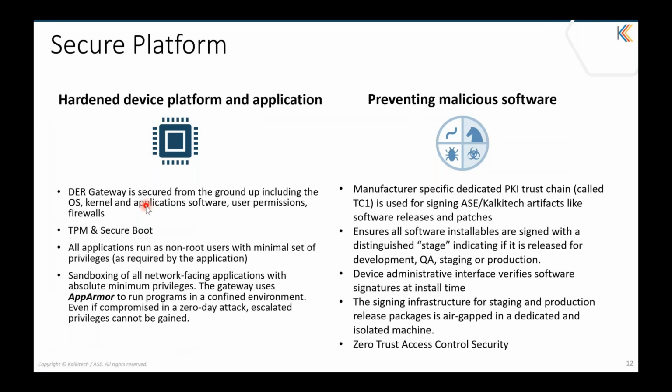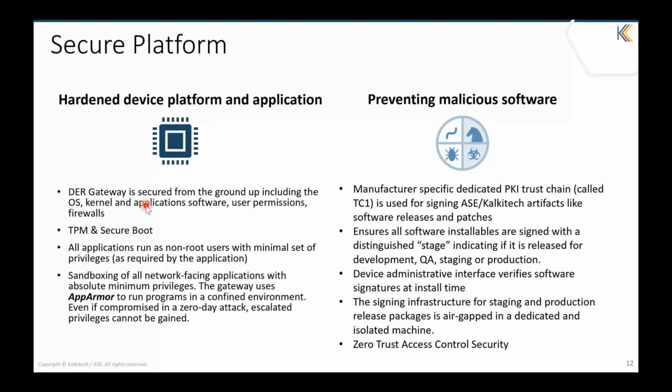So there are different levels of security which are built in as part of the gateway hardware platform, and all the unused ports and services have been disabled by default, so that it will not be open for any malware attack on the device using any standard software out there.